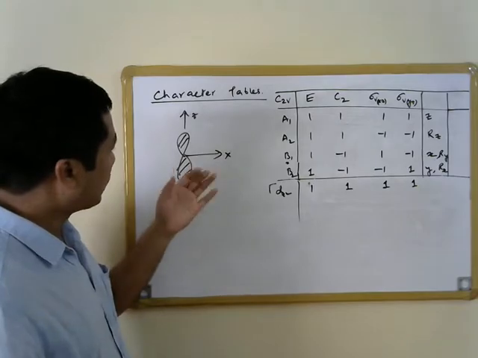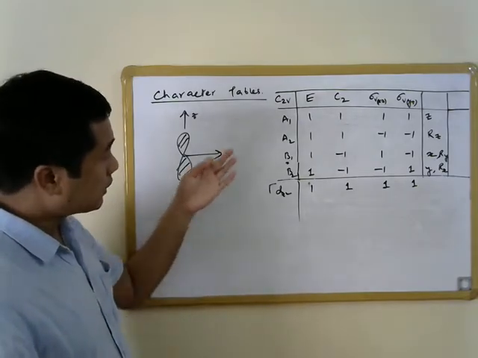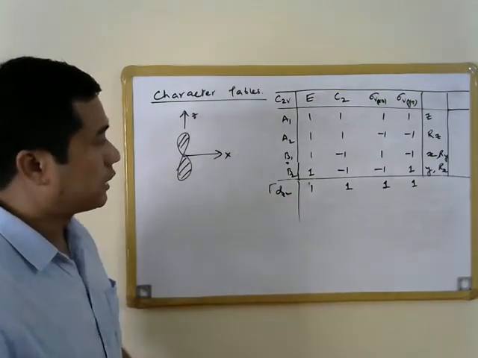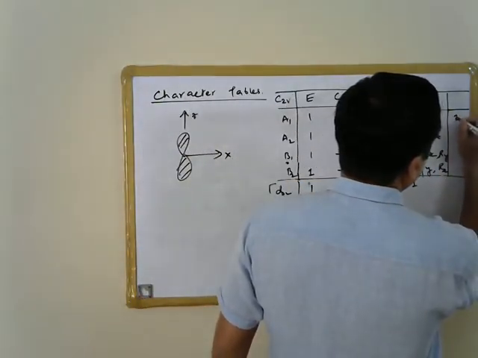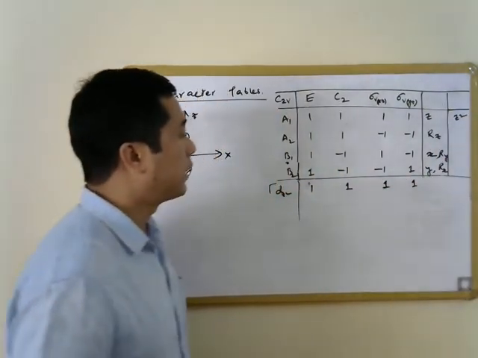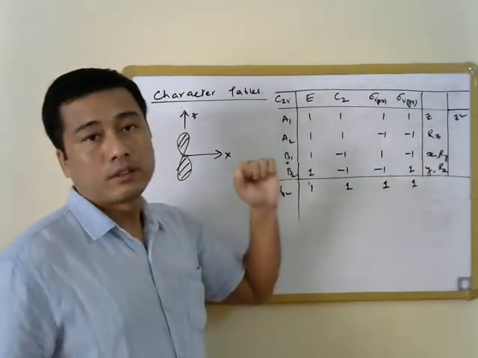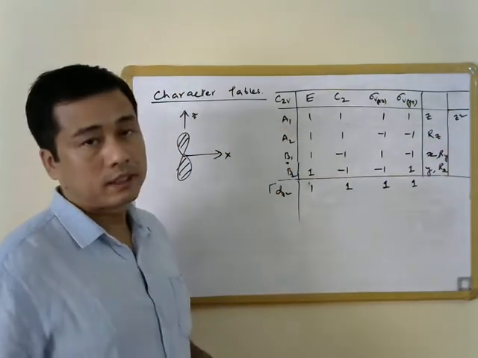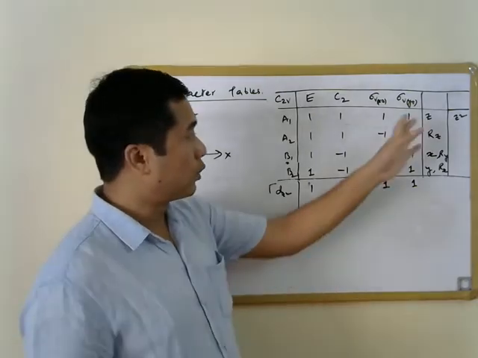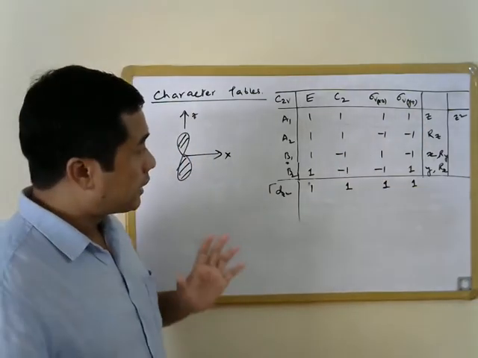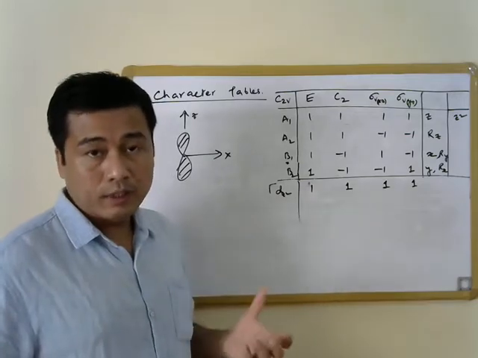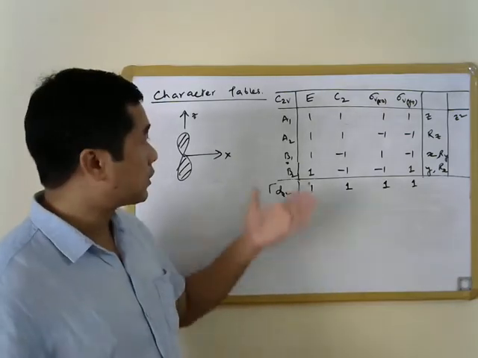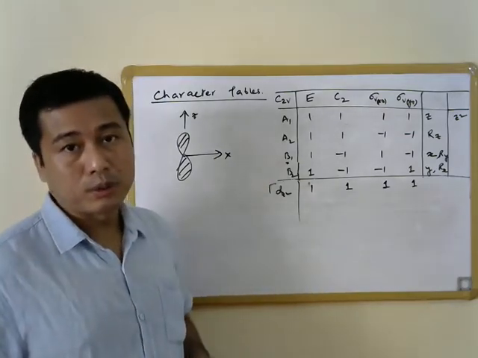We get this as the representation, and that tells us that the z square function transforms as the A1 irreducible representation. Or we can also say that when we take the dz square orbital as the basis, we get the A1 irreducible representation.